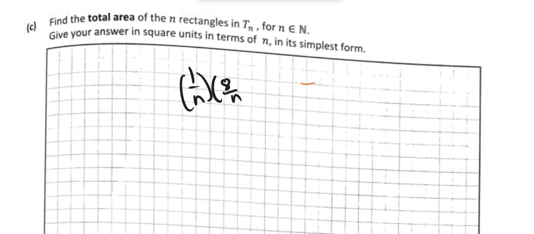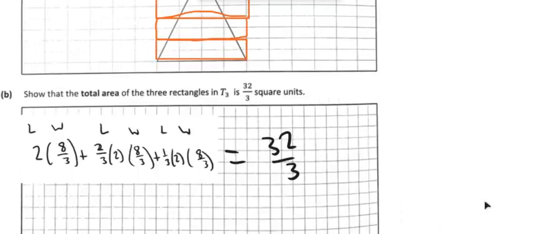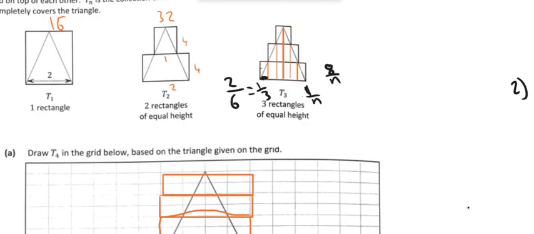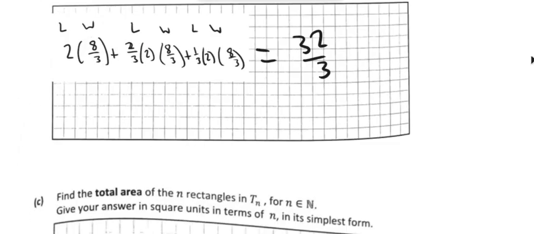So that's the area of one little rectangle, but we need to multiply that by how many there's going to be. So if you count them up here for T3, if you count those two on the end, that's 2, and then if you go in one more, there's 4 there altogether, so that's plus 4, and then there's going to be 6 left. Okay, so 2 plus 4 plus 6, and so on.